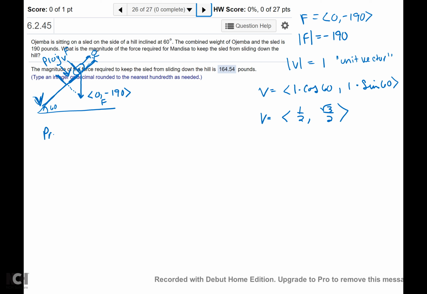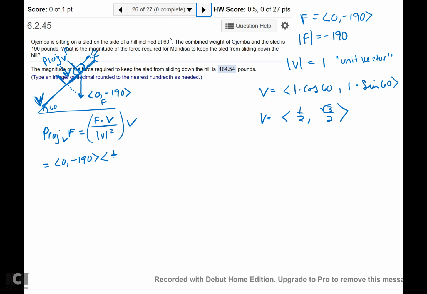Alright, so here we go. To project F onto V, I'm going to take F times V over the magnitude of V squared times V. So that is going to be 0, negative 190.